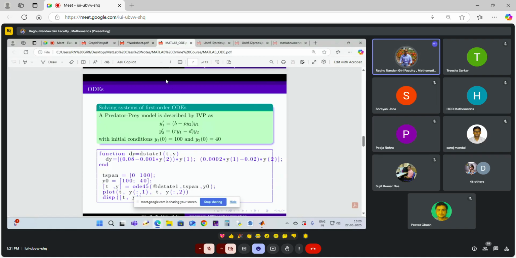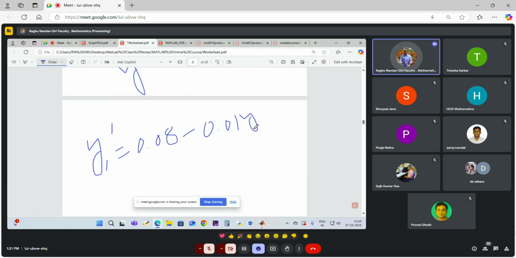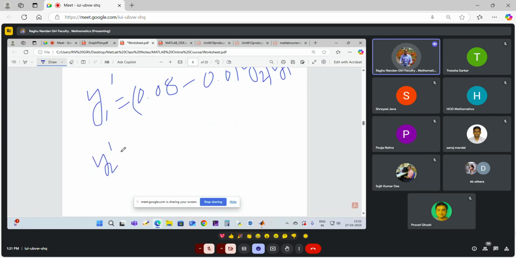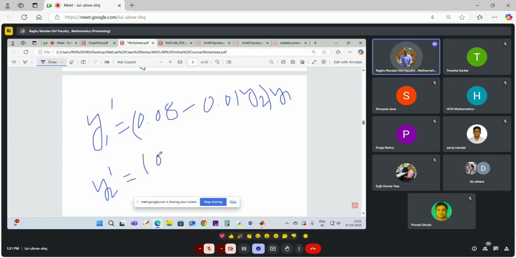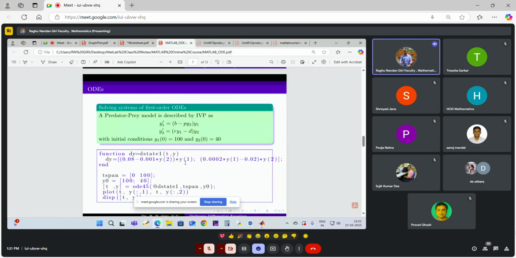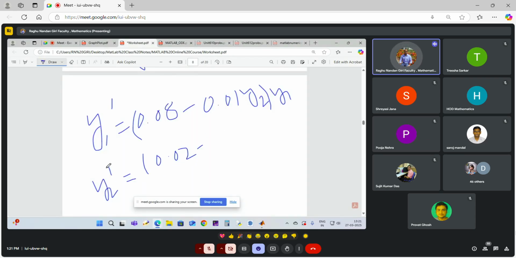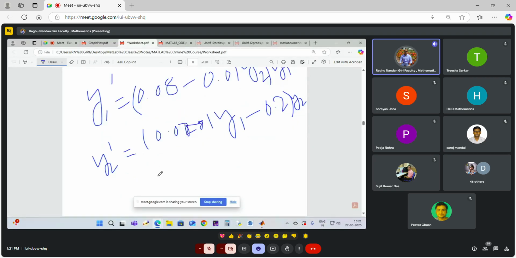y2, whole into y1, and y2 dash equal to 0.02... that's 0.0001 y1 minus 0.02 into y2.